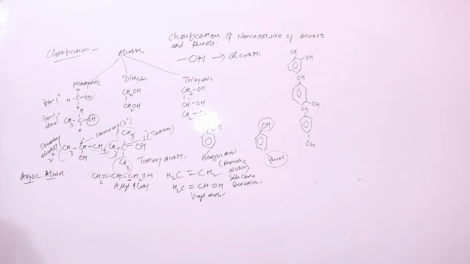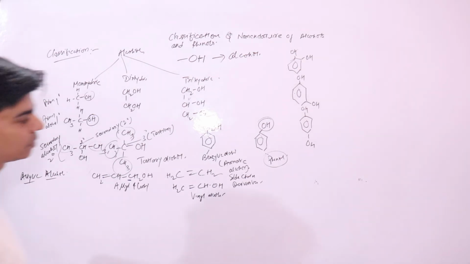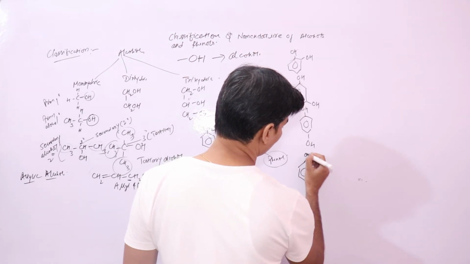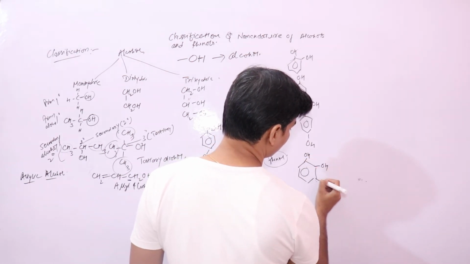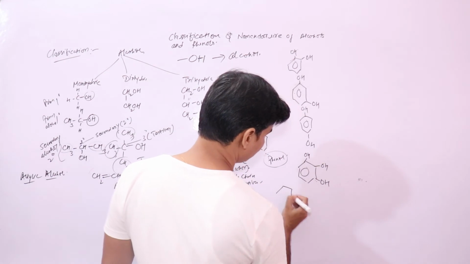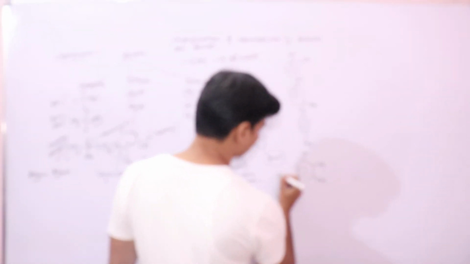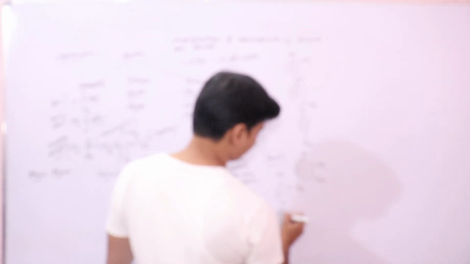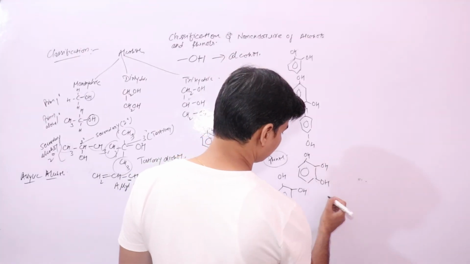Similarly, we also have trihydric alcohols, where three OH groups are directly connected to your benzene ring. For example, this, or this.